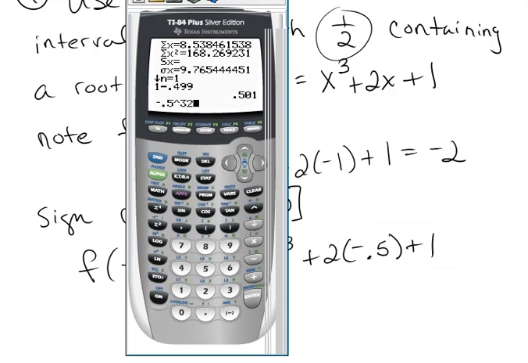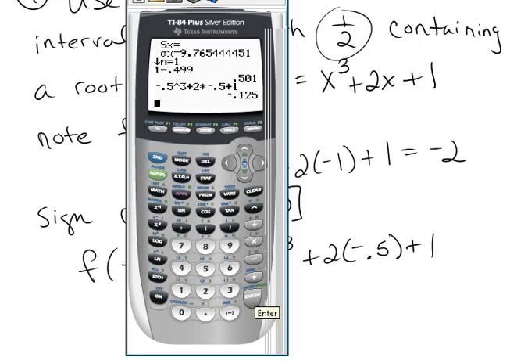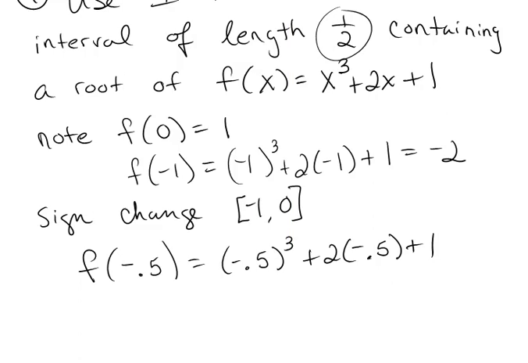Then plus 2 times negative 0.5, and then plus 1. All right, now it's still negative. It's negative 0.125.